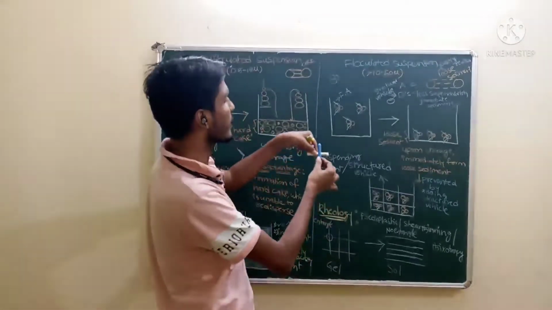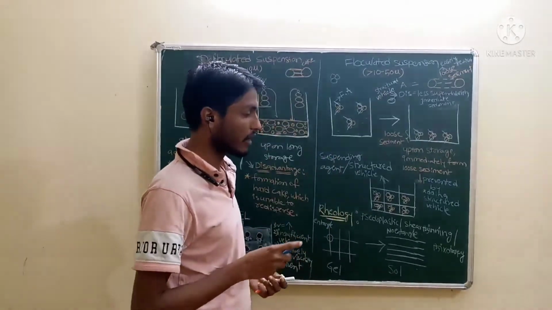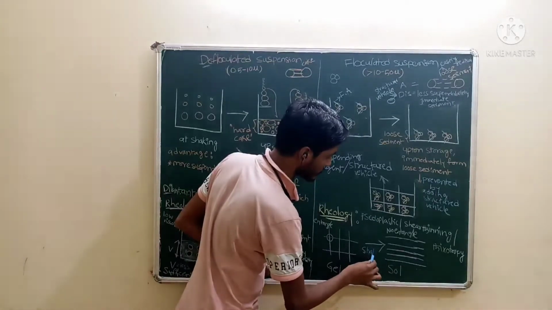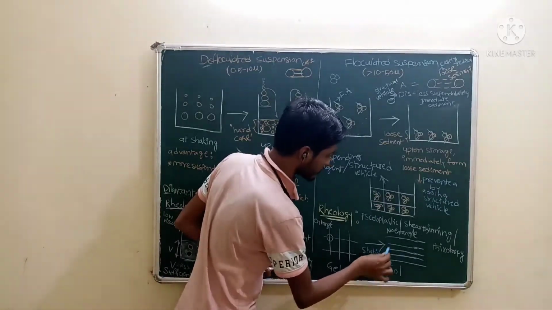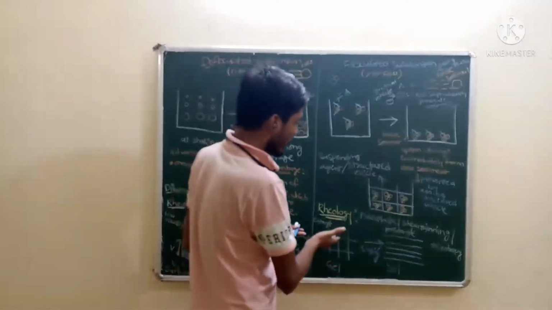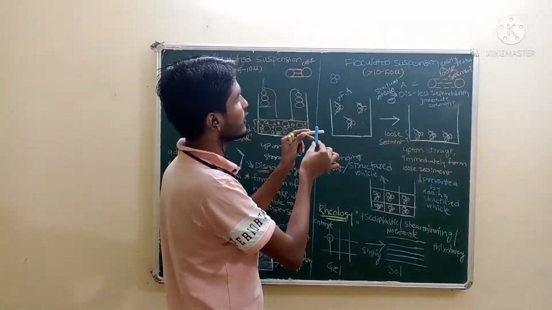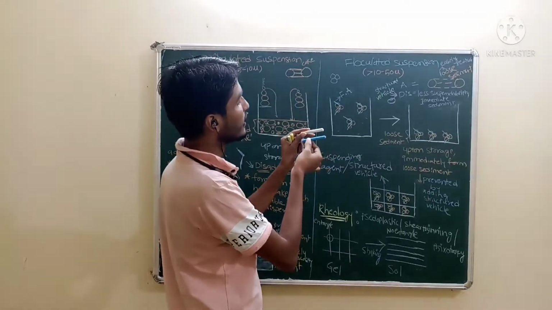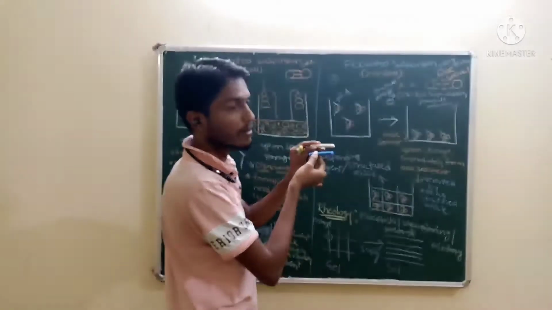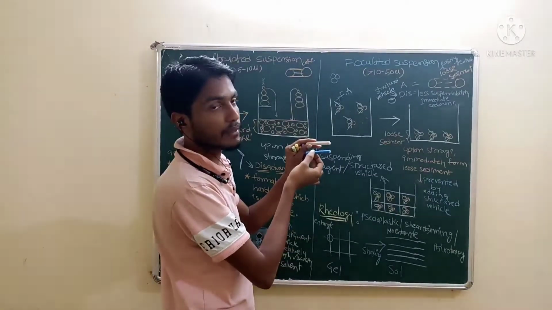But when you apply shear, meaning shaking, the entangles will break and the polymers will orient in the direction of application of shear.